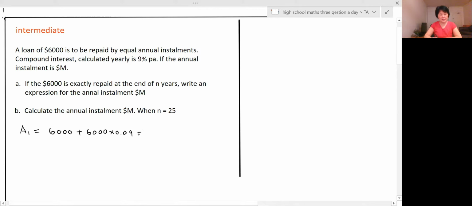Then this is the 6,000. I move the 6,000 outside, factorize, times 1.09. Okay, this is A1 at the end of the first year.